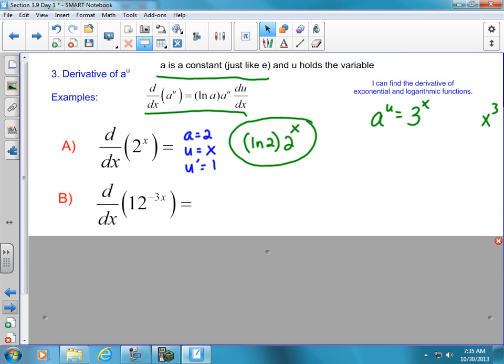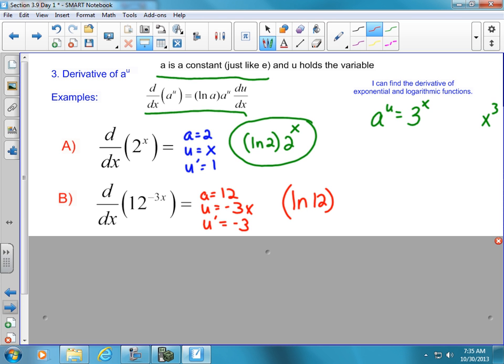All right, let's look at another example. The derivative of 12 to the negative 3x. So a is 12. Let's do u is negative 3x, and u prime is just going to equal negative 3. So our derivative is ln of a, which is 12.